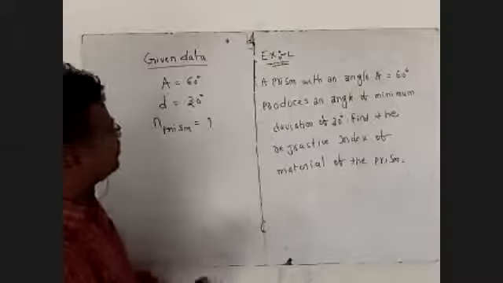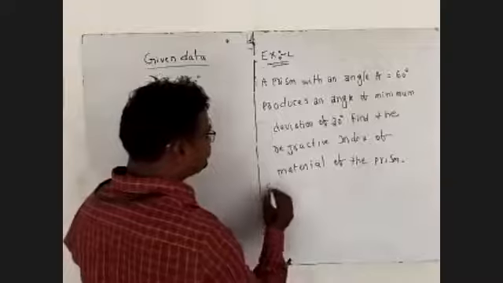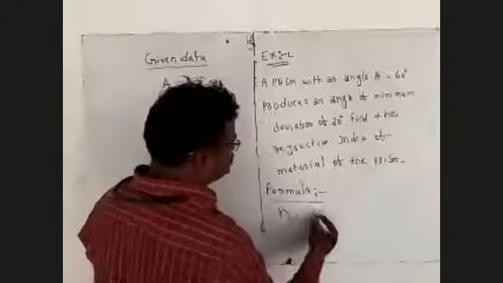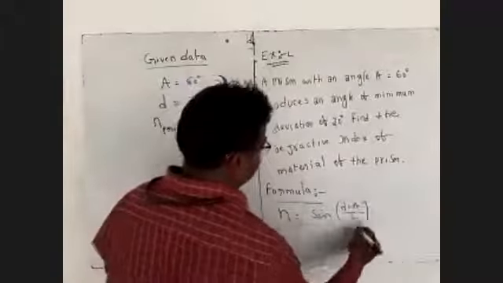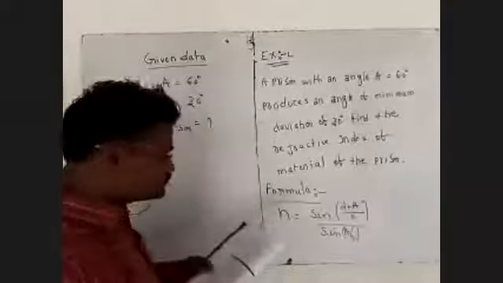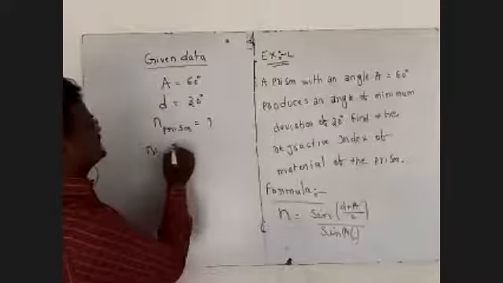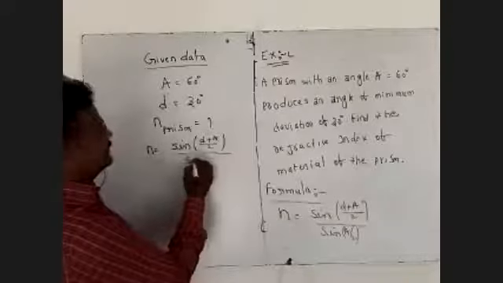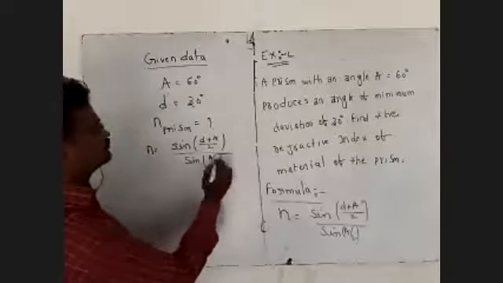Okay, we have the formula. What is the formula for refractive index? n is equal to sine of (D plus A) by 2 divided by sine of A by 2.